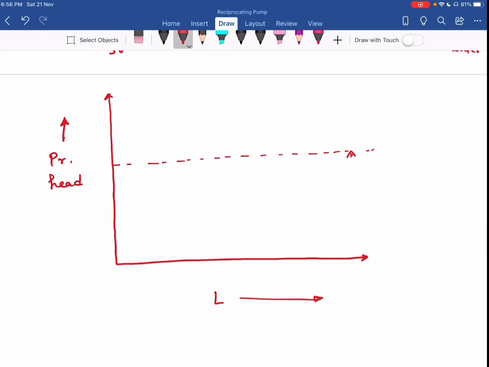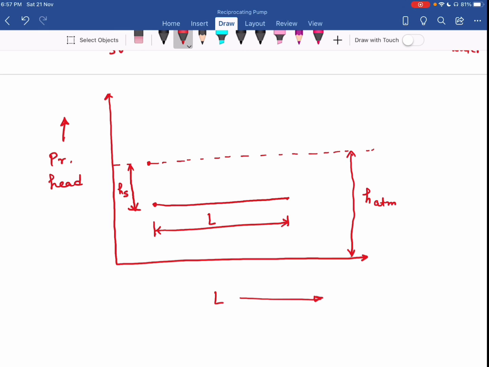So you can say this is the pressure head corresponding to atmospheric pressure, and that is my HATM. Okay. Now during suction stroke, I start from here. During suction stroke, pressure is less than atmospheric, that is by an amount HS meter of water, and that remains same during the suction stroke. So this is my stroke length L.